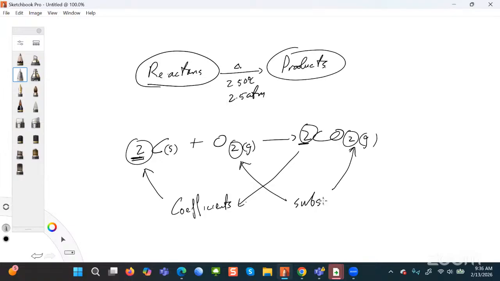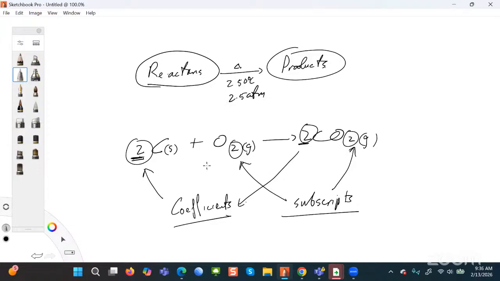So it's very important that you're able to make a distinction between the two, right? The coefficients would be the numbers that are placed in front of the formulas for the different substances in the equation, while the subscripts would be the numbers which represent the number of atoms of each element present in the molecule or in a formula unit of an ionic compound, right? So you should not confuse those two numbers, all right?